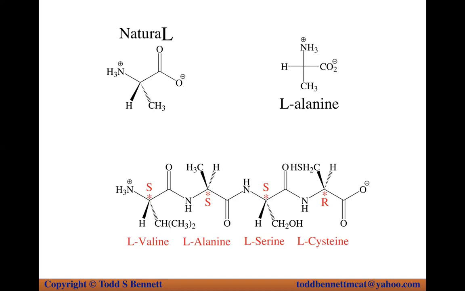Priority number 1 on this N carbon is N, priority 4 is H, but where things differ is sulfur, the first atom attached to carbon, beats oxygen. So in OChem, my priorities are 1, 2 for this side group, 3 for the carboxyl in there, and 4 for the H.